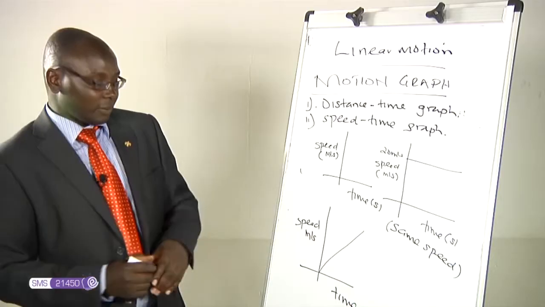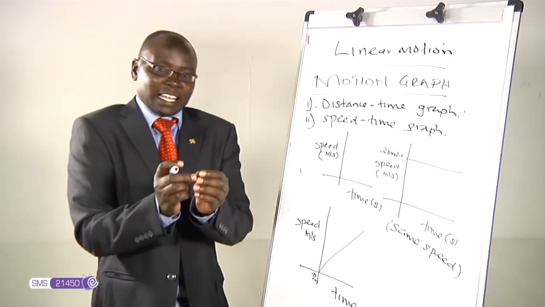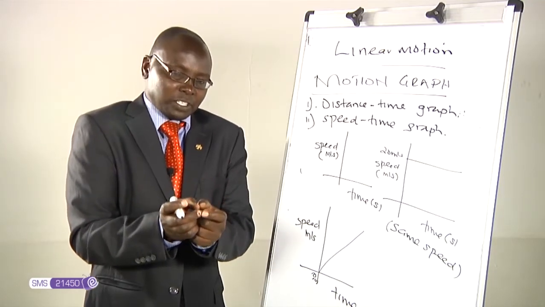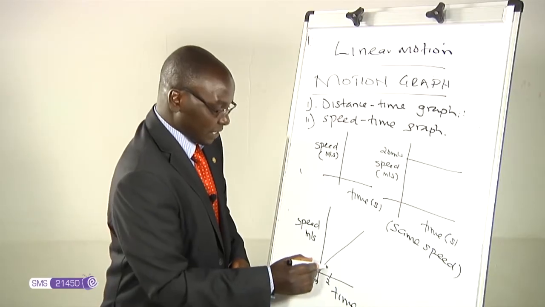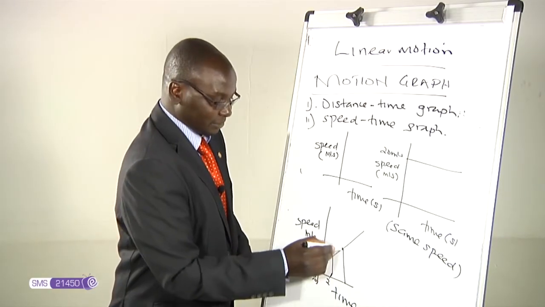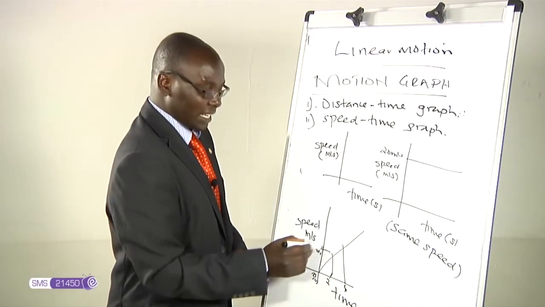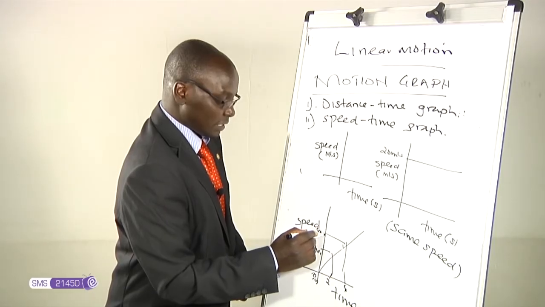Looking at it from here, we can see at this point here, it is 0, 0, showing that at time 0, when the body was at rest, the speed was 0. Maybe at 2 seconds, the speed was, let's say, maybe 10 meters per second. At 4 seconds, the speed is, let's say, maybe 40 meters per second.